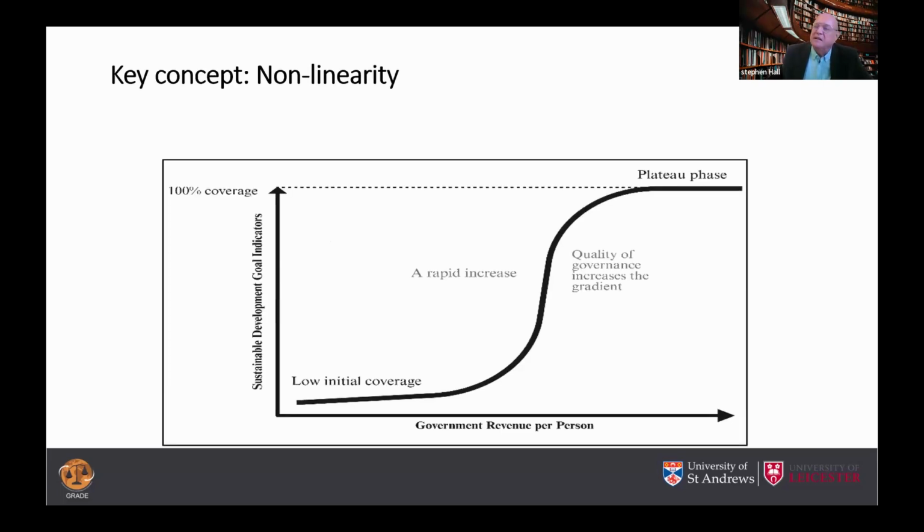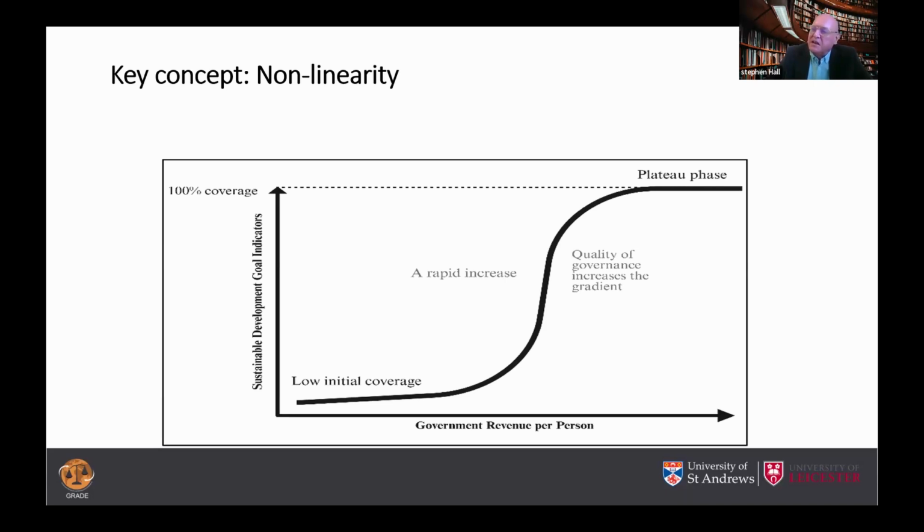The key thing behind the GRADE is this nonlinearity, and that's really fundamental in understanding why the GRADE is so effective in this area. This is what we call an S-shaped curve. It's actually a logistic curve in mathematical terms, and it's dominant in all sorts of areas of science. You can think of it in terms of how populations grow, how biological events occur, and in many other areas.